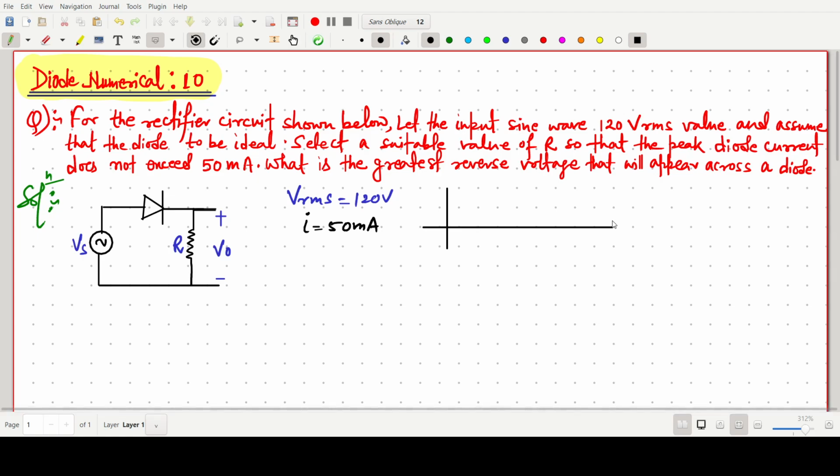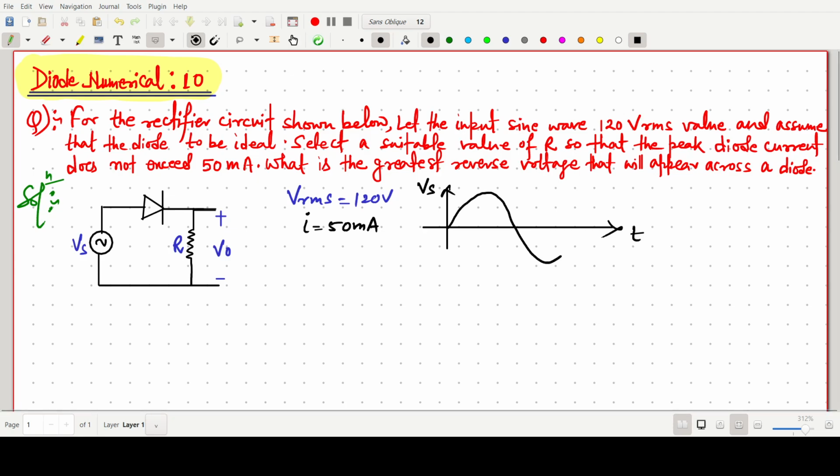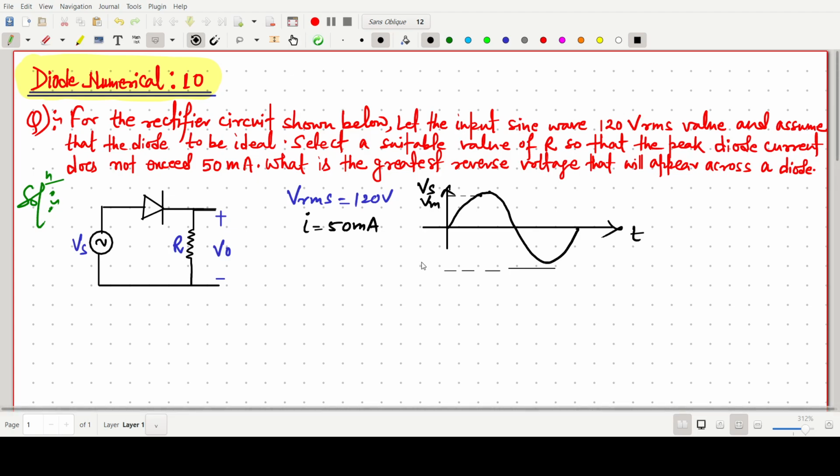If we draw the sinusoidal curve for this Vs, it will be like this. Vs is like that. This peak value, or sometimes we can say Vm and minus Vm, or V peak value, Vm value will be the maximum value.